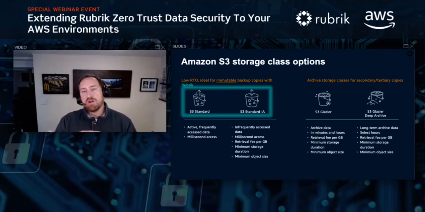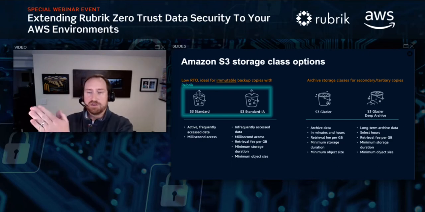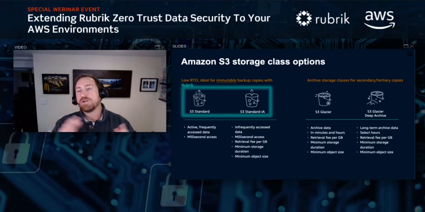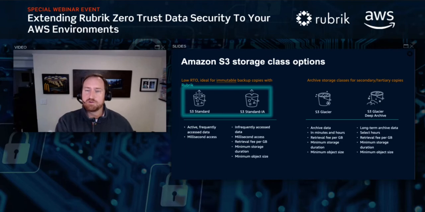And Rubrik has taken out all of the complexity and made it almost a single checkbox to enable a write once, read many storage architecture with those snapshots in S3. Those will be essentially undeletable, and we'll have a demo today to show you exactly how easy that is to set up and configure through Rubrik directly, without even having to go into the S3 console to create a bucket. Rubrik takes care of all of that for you, but I don't want to steal Mike's thunder. He's done a great job on that demo, and we're going to show you what that actually looks like.